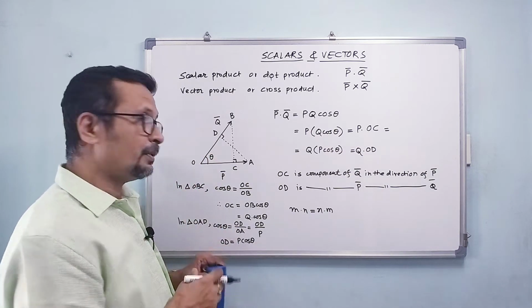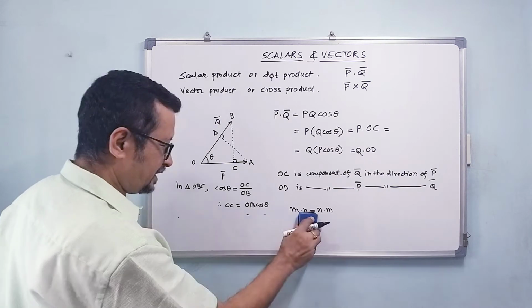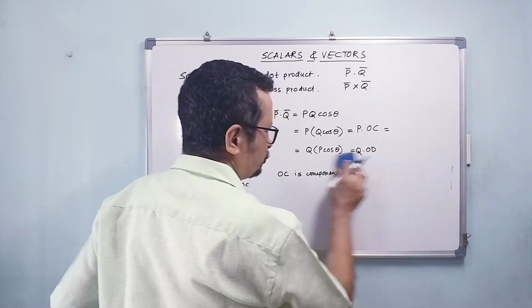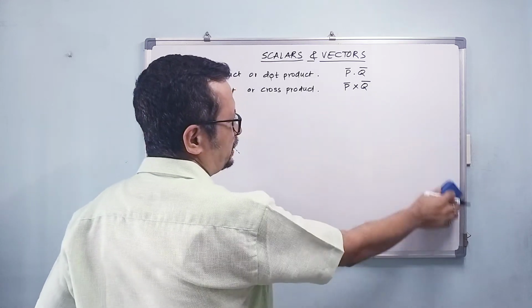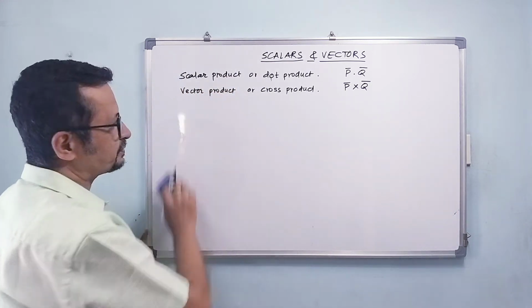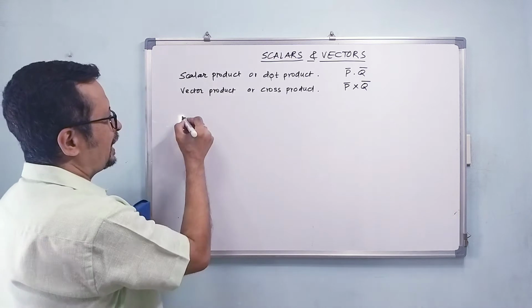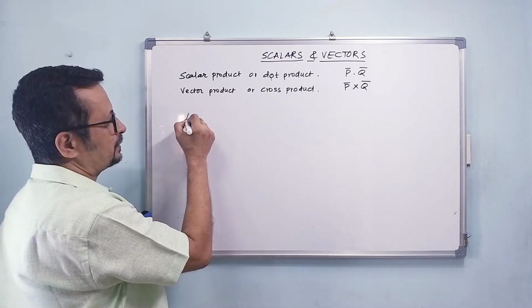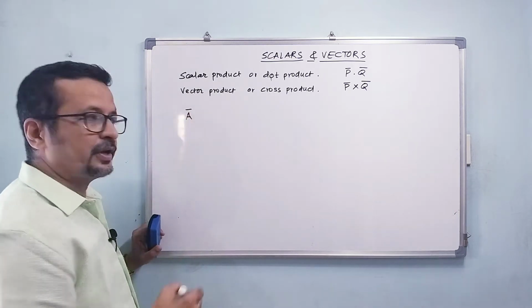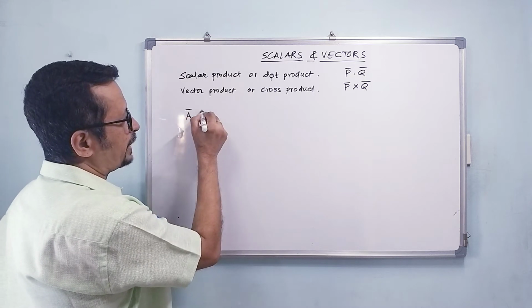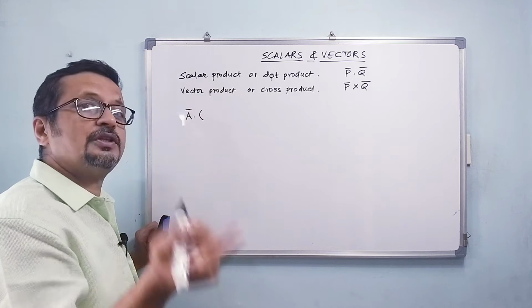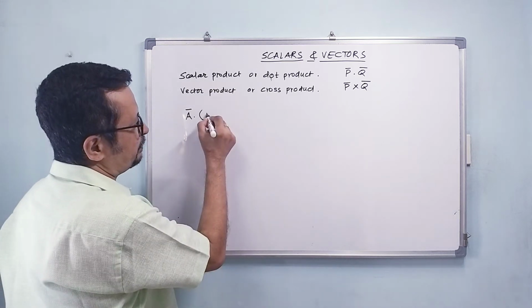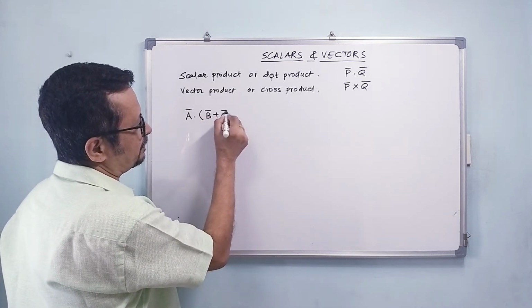What about the scalar product being associative? What do we mean by that? Suppose I have a vector a bar, and the dot product of that with a vector which in itself is a combination of two other vectors, for example b bar plus c bar.